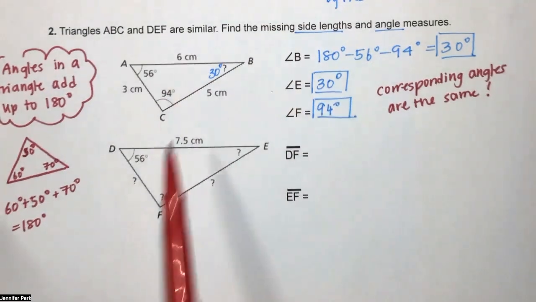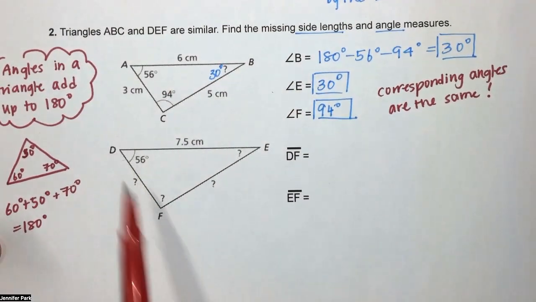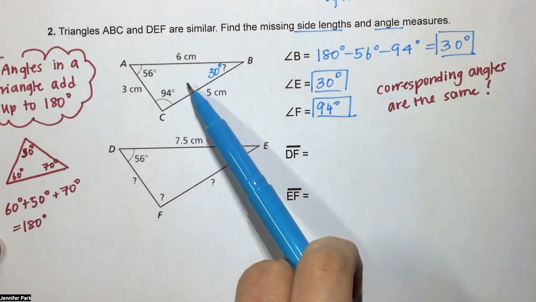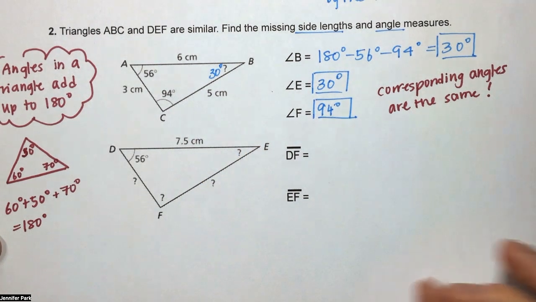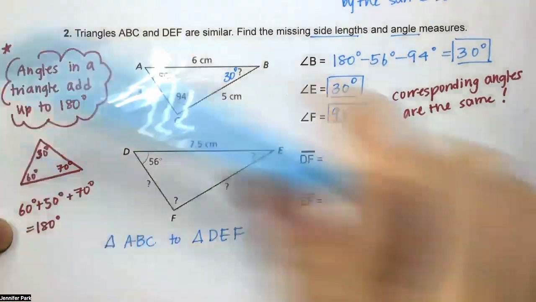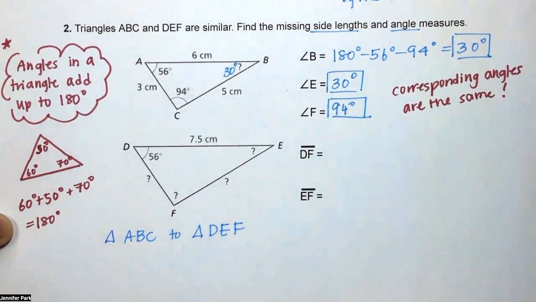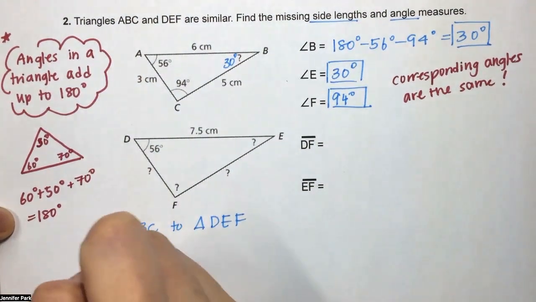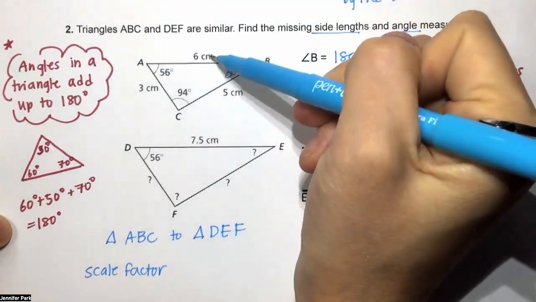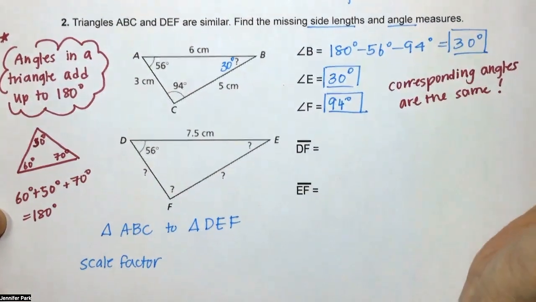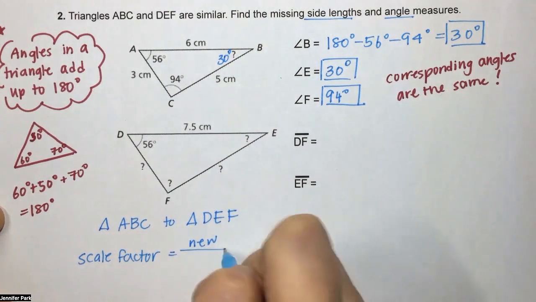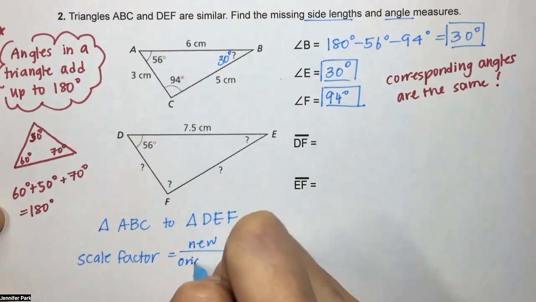So now we're going to have to find this side, DF and EF. Well, from the top triangle ABC to DEF, it's been scaled up, right? It's a stretch. The triangle's gotten bigger. By how much? So you have to find the scale factor, right? 6 times what gives you 7.5? Well, to find scale factor, it's always the new triangle's length divided by the original.